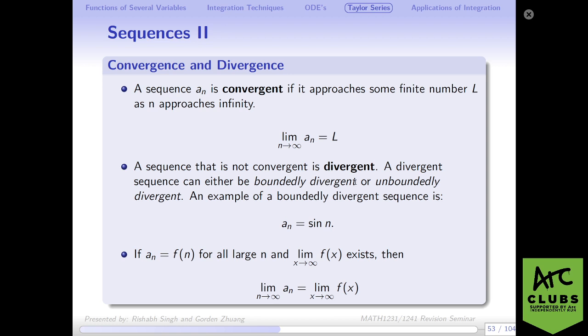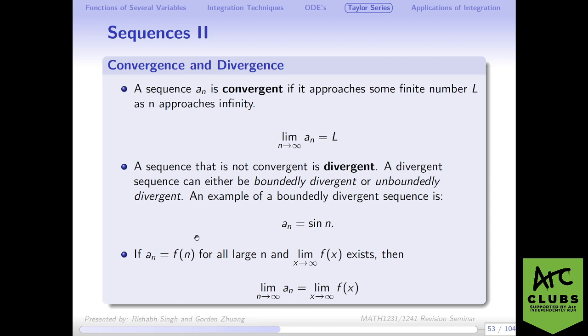But a sequence can also be bounded and still be divergent. For example, in the sequence a_n equals sine n, we know that sine n is always between -1 and 1, so it's bounded. But it's not convergent because it doesn't approach a single value as n goes to infinity.